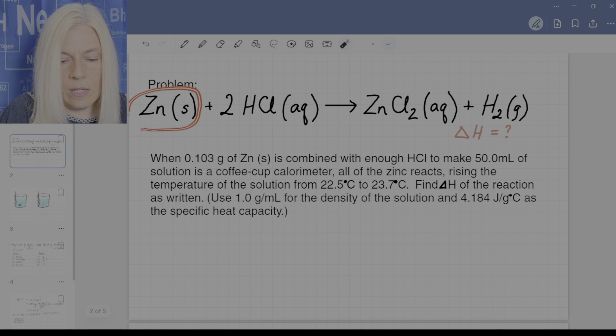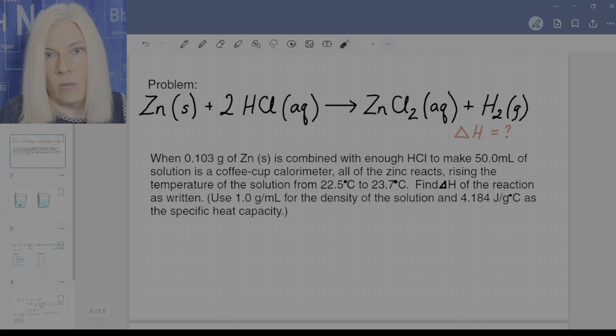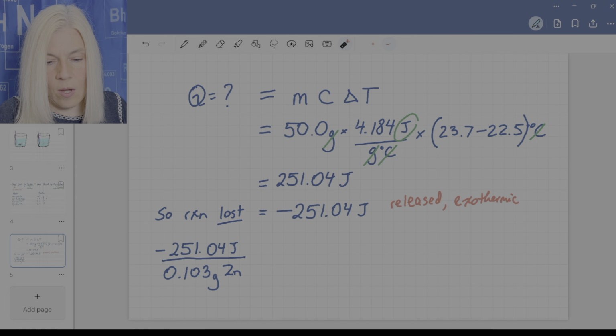Here is my zinc, and this is one mole. When 1 mole of zinc reacts with 2 moles of hydrochloric acid, how much heat is released? Here we only know how much heat is released when 0.103 grams react.